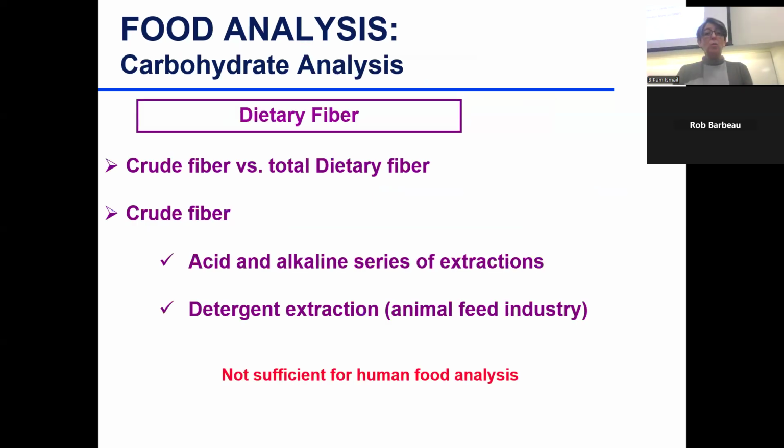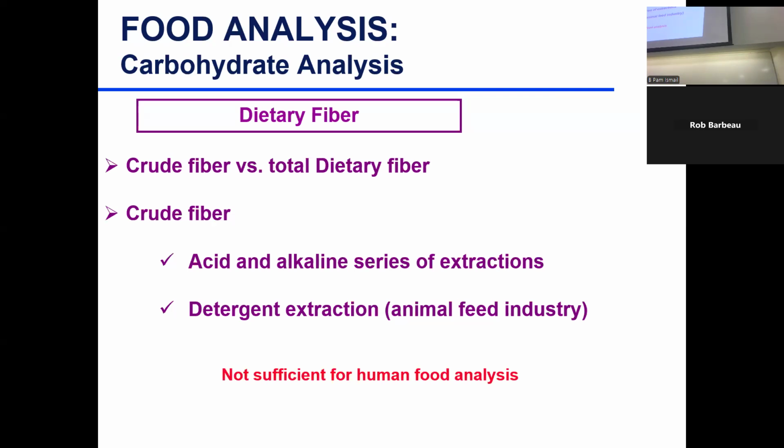Okay. We stopped at dietary fiber. We define dietary fiber as everything in the food that does not get digested in the stomach or small intestine. So measuring dietary fiber, it used to be measuring crude fiber. In that method, we had multiple methods, acid and alkaline digestion of everything, and then what doesn't get digested is fiber.